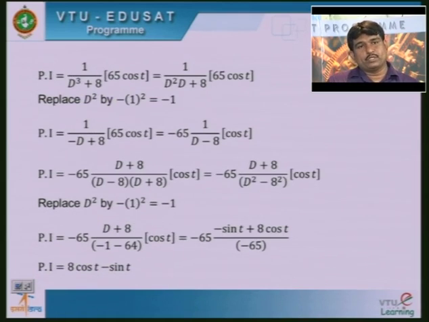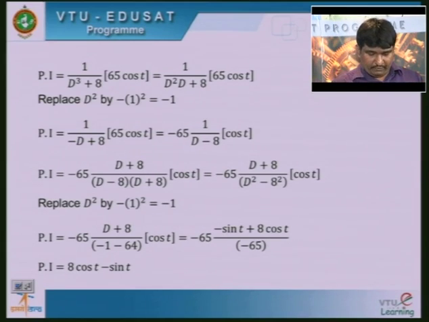Now pi is 1 by D cube plus 8 operated on 65 cos t. Now we have a cos term, and as you know, if phi of t is cos of at plus b or sine of at plus b, we have to replace D square by minus a square.